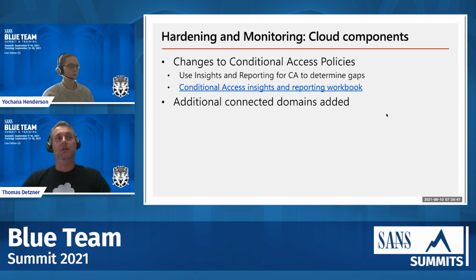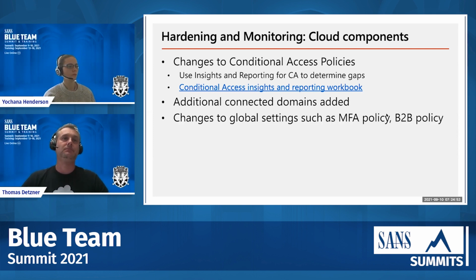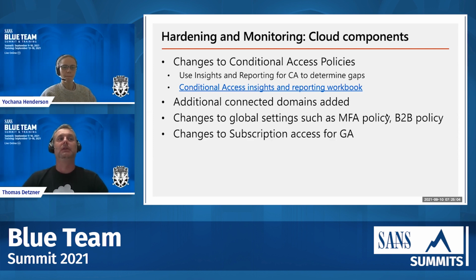Have a look and monitor any additional connected domains being added to your tenant, and any changes to global settings such as MFA policy, your B2B policy, your external policy, which Yochana touched on before, as well as subscription level changes for global admins.